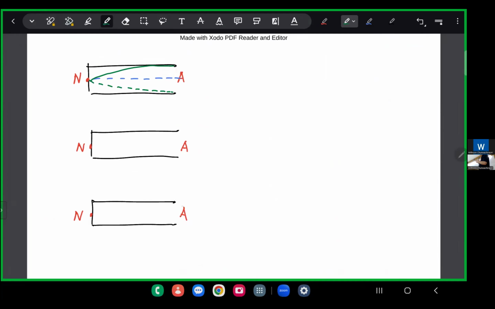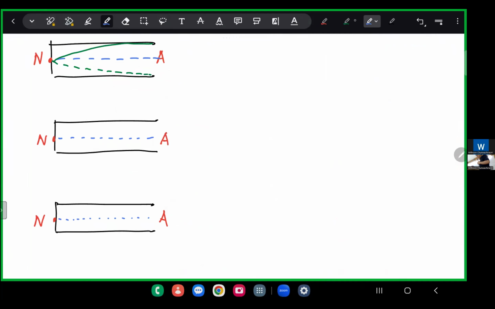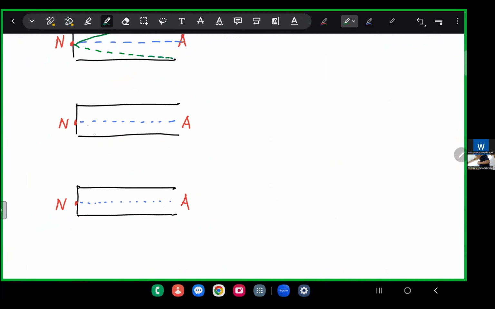I can add one more twist to it as long as I start with the node and end with the antinode. So once again, I'm just going to draw a halfway point over here, and I'm going to fit my waves in there, start from the node, end with the antinode. Right there, that's good.